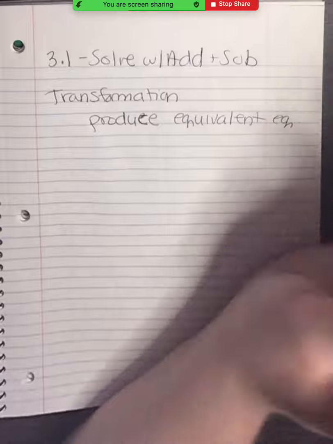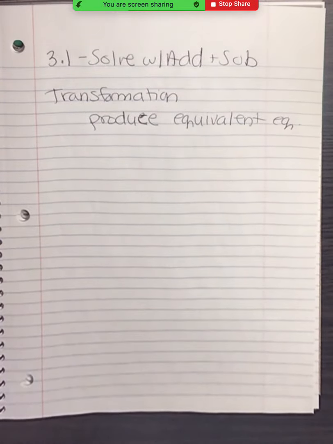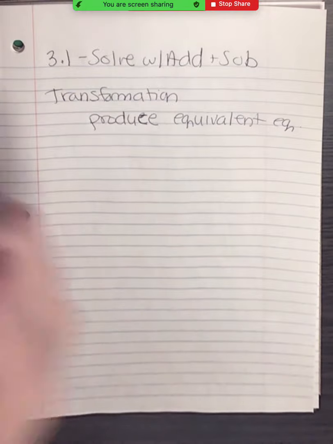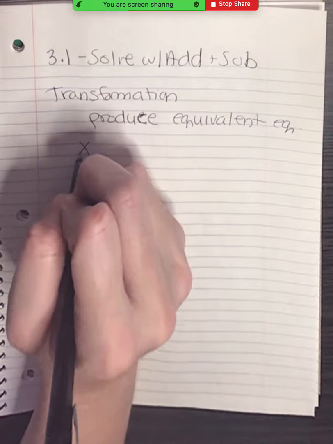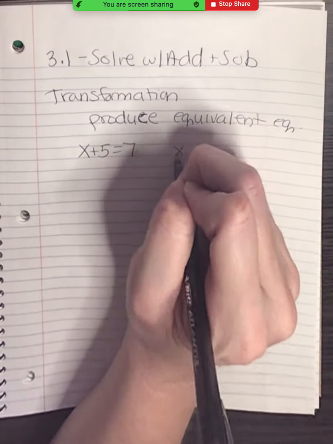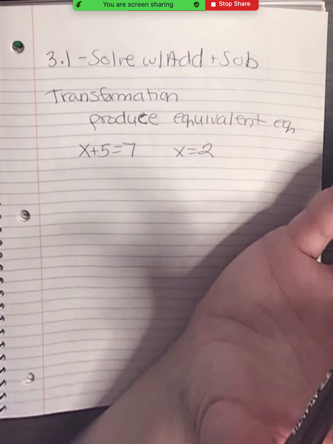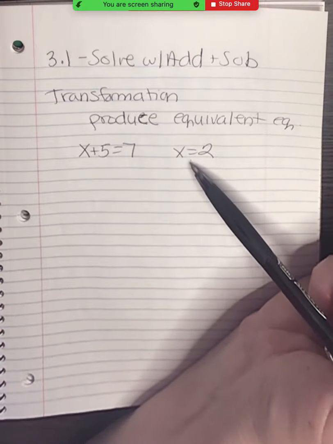Right, because our ultimate goal is to get our variable by itself, but you can only do that by making sure that what you're doing is equal to what you started with. Okay, so just to kind of see what we mean by equivalent equations. X plus 5 equals 7 and x equals 2 are equivalent equations because they both are true with the same x value.